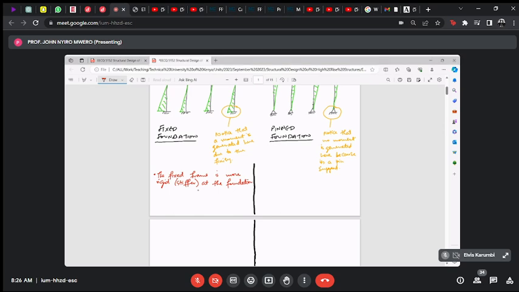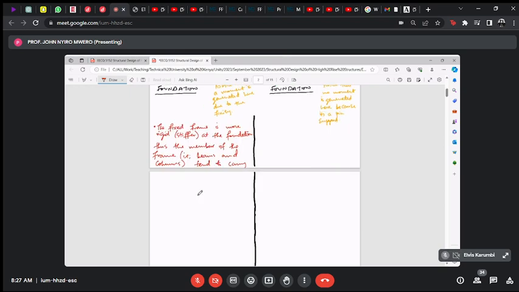Thus, the members of the frame, that is the beams and columns, tend to carry less member forces.